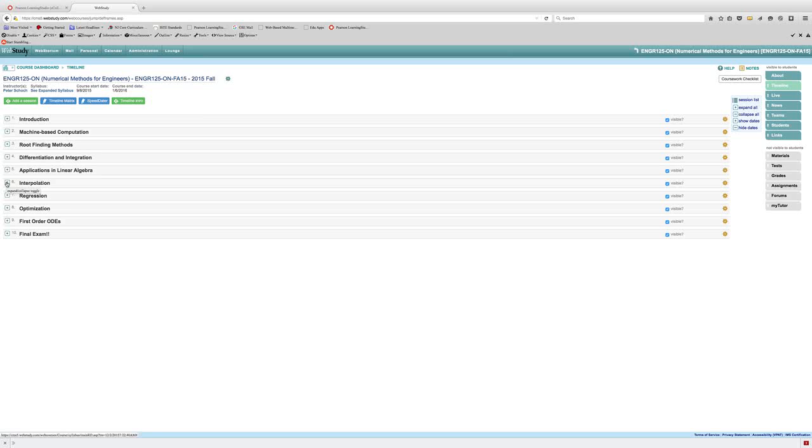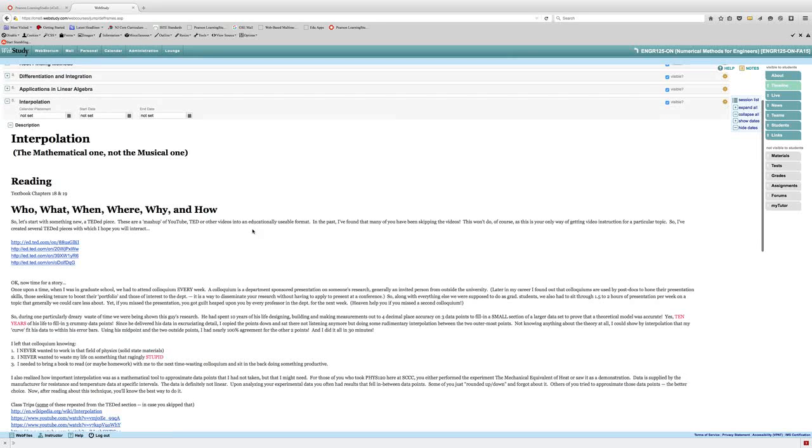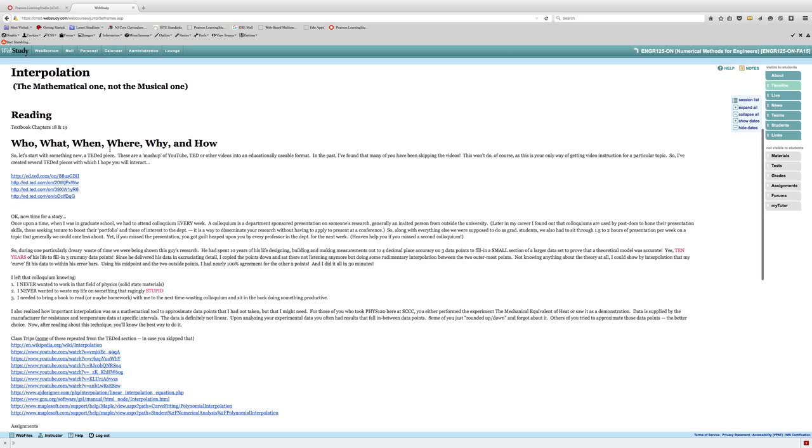The thing I really redid for the class, though, is the module on interpolation, because this is a module that gives the students the most trouble, at least so far. So what I did, I give it the name. I try to make it a little bit amusing, the mathematical one, not the musical.